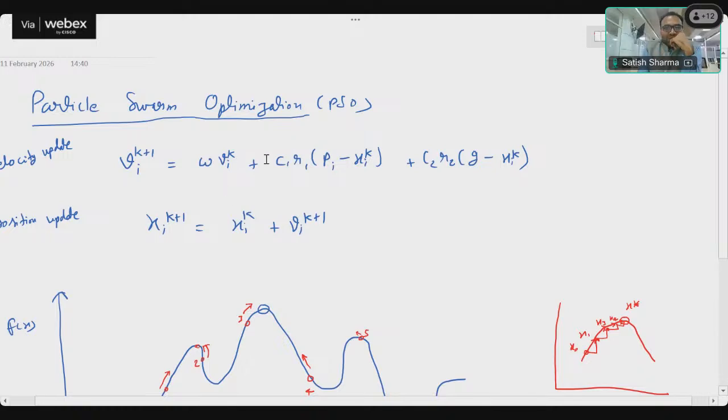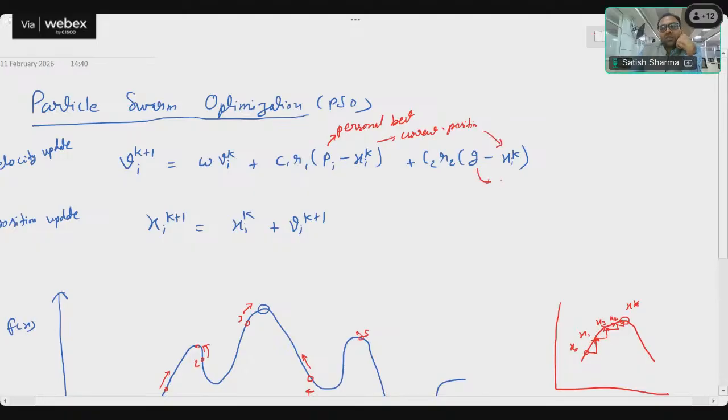So this particular second part is basically the personal experience, where P is the personal best. This is the current position, this is also the current position.